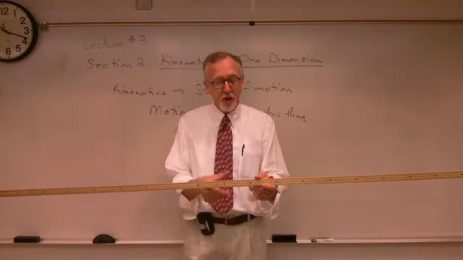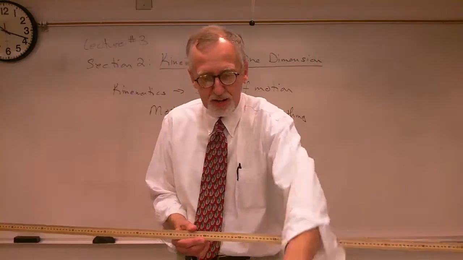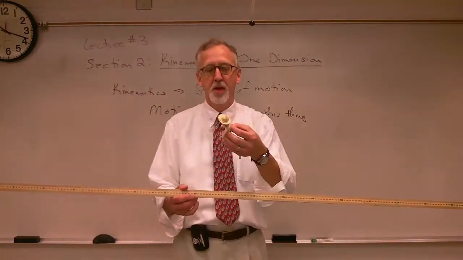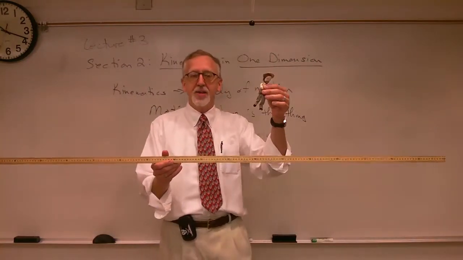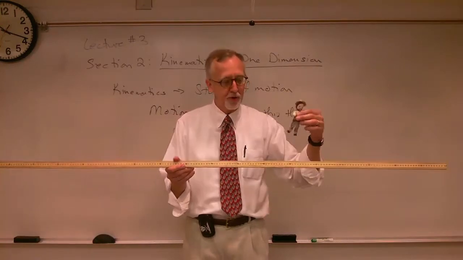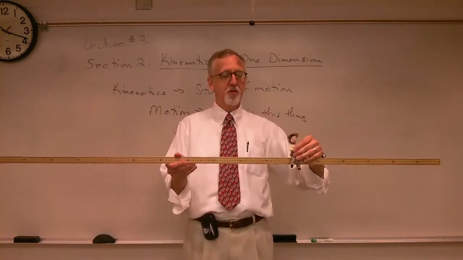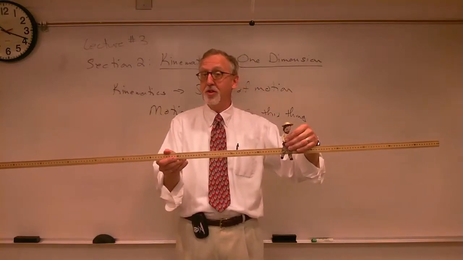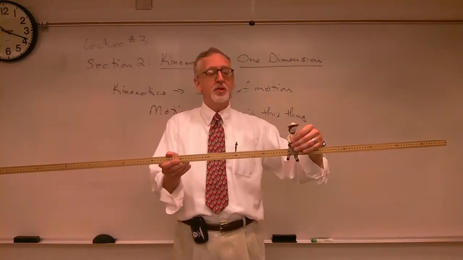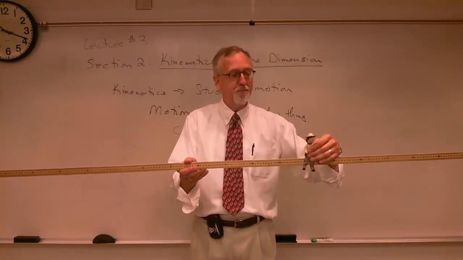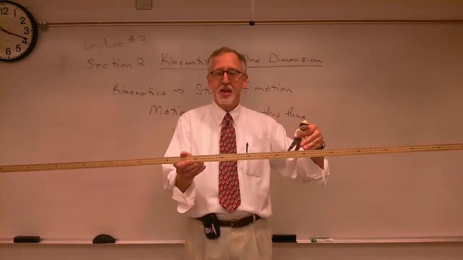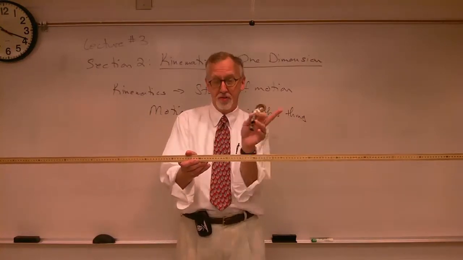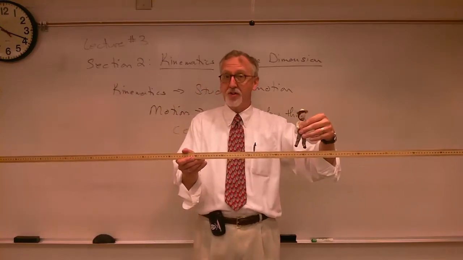So, let's imagine we've got some object. So, here's a little man. And we want to identify the position of where the little person is. So, let's imagine he's sitting over here. We can identify the position that he has, his position vector, and we will describe positions with a vector because not only is the distance important, but the direction, left or right, is important.